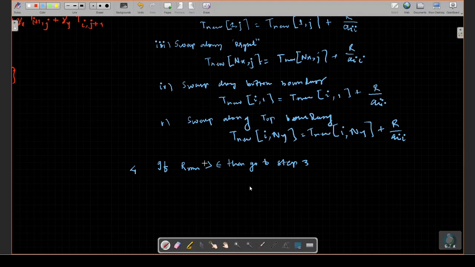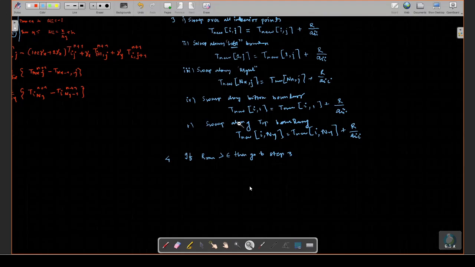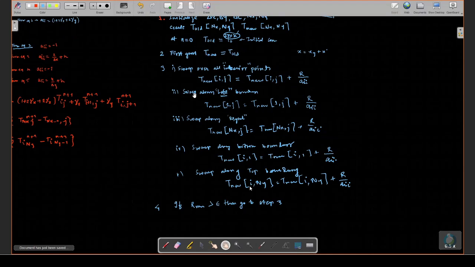Unless this RMS value falls below a certain value, you have to keep on doing step 3, for all the points, interior and boundary points, calculating this T new till you get a proper T new. This is a guess value, then a correction value. Again, that total value becomes the new guess value, then a new residual. Keep on calculating till you get R RMS.